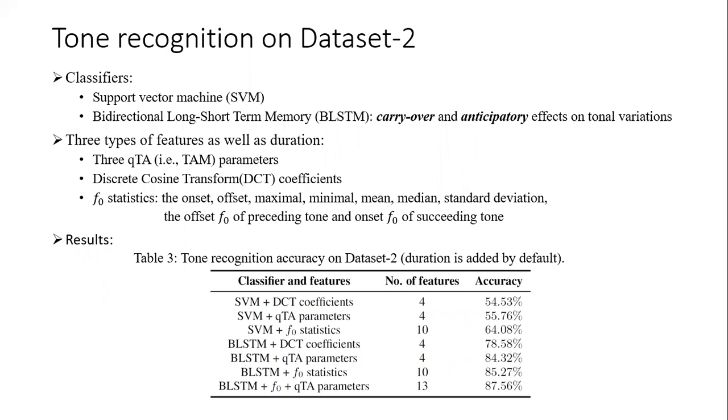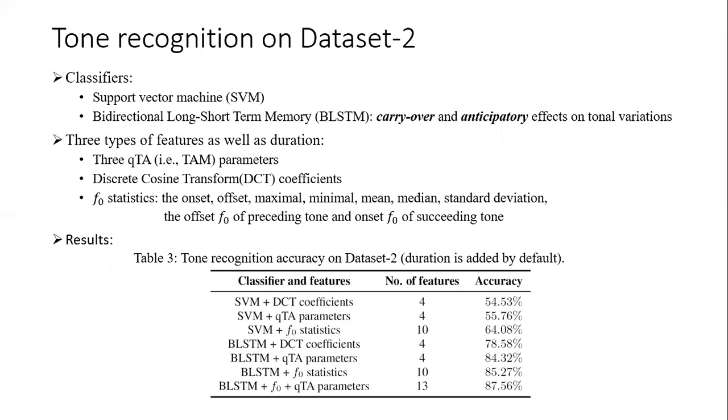For dataset 2, we also tested a bidirectional LSTM classifier, considering its powerful capability of modeling temporal sequence. Another reason for using it is to deal with carryover and anticipatory effects from neighboring syllables on tonal variation.